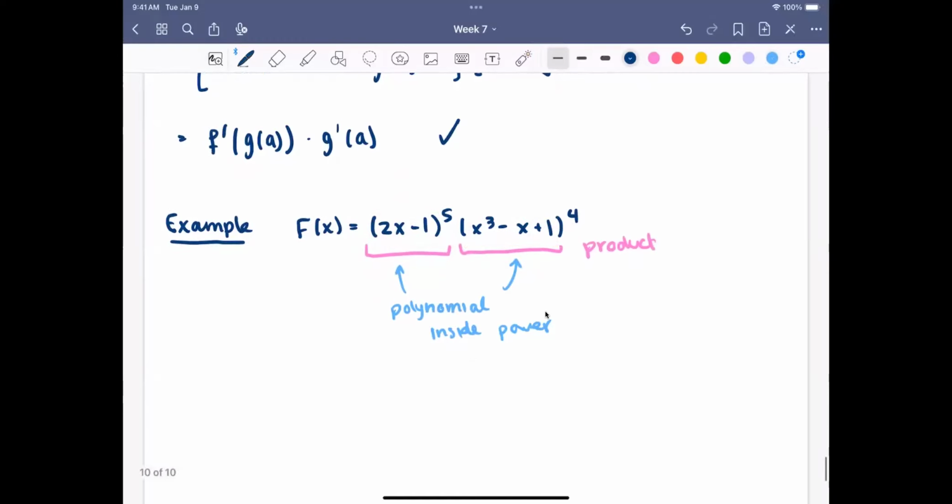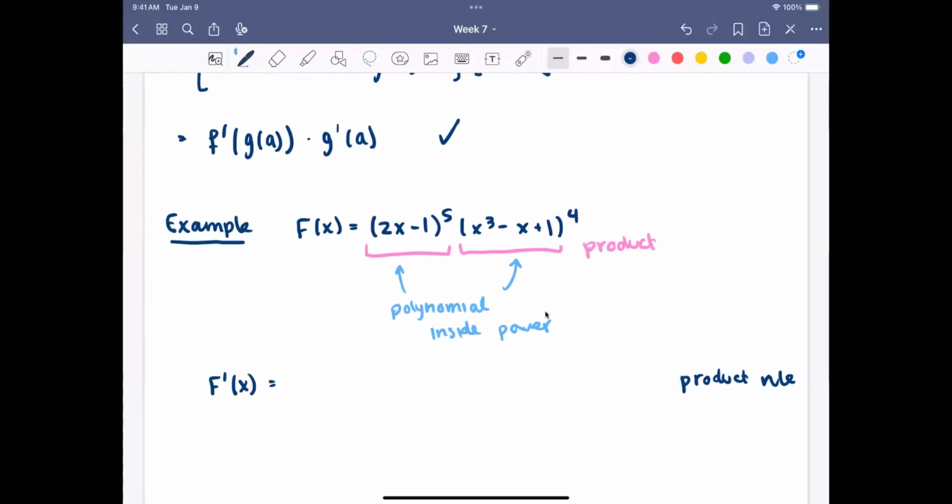Let's do f prime of x. Okay, so let's first do product rule. I'm gonna have the derivative of the left one times the right one plus the left one times the derivative of the right one.